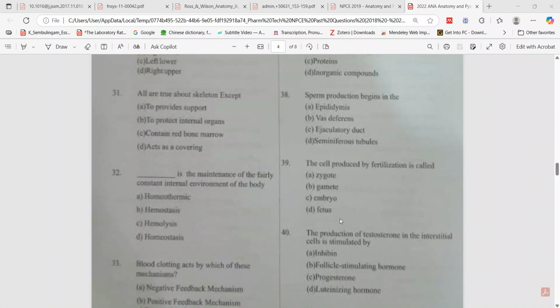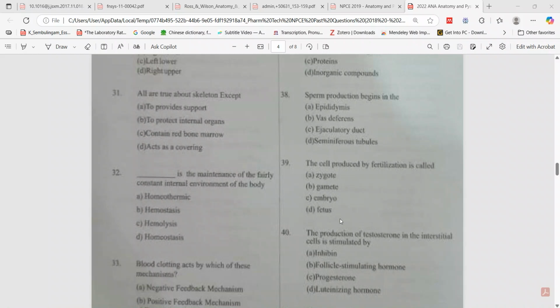39. The cell produced by fertilization is called the zygote. Yeah, zygote. So 40.